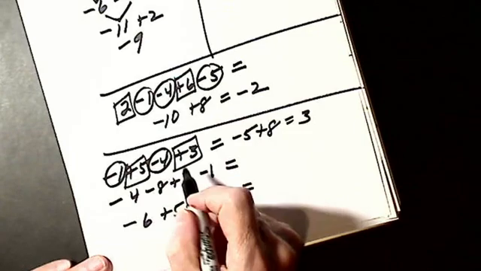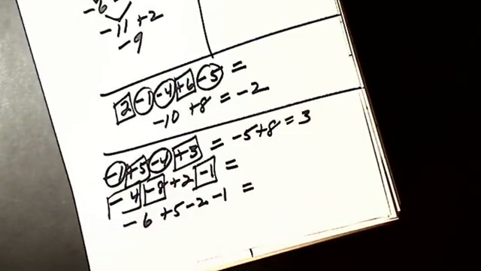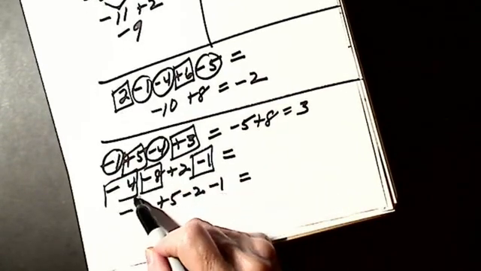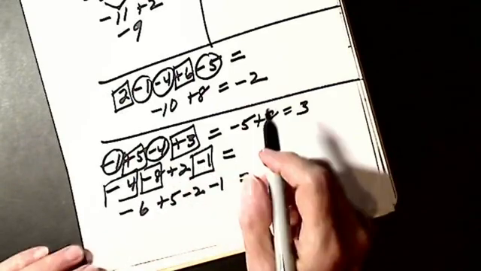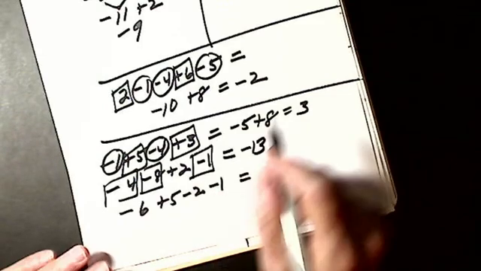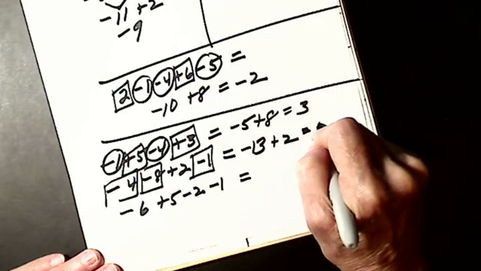I'm going to group these. I have a -4, -8, -1. I can do them in any order. I can go 12 and 1 is 13. I can go 8 and 1 is 9 and 4 is 13. But I'm going to have -13. Then I have a +2. Subtract, take the sign of the larger.